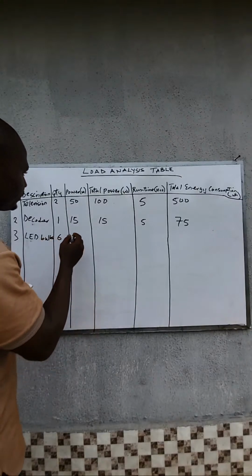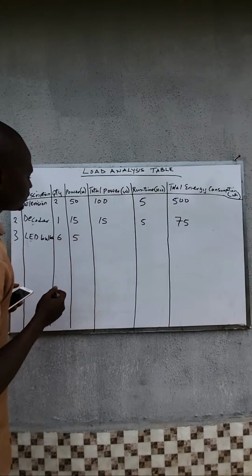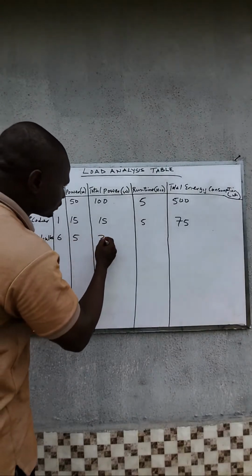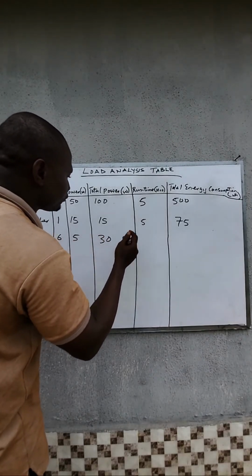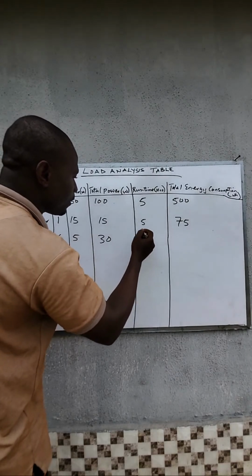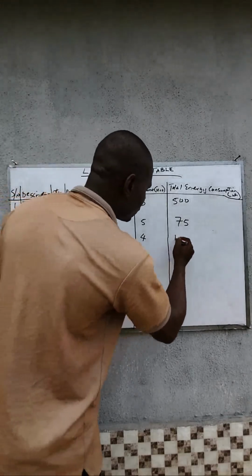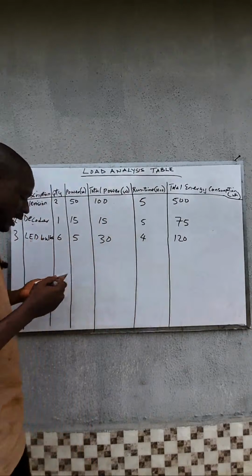Since they are LED, their power rating is 5 watts. So what will be their total wattage? It will be 5 multiplied by 6 to give us 30 watts. And we are using them for 4 hours every day. So it will now be 30 multiplied by 4 to give us 120 watt-hours.